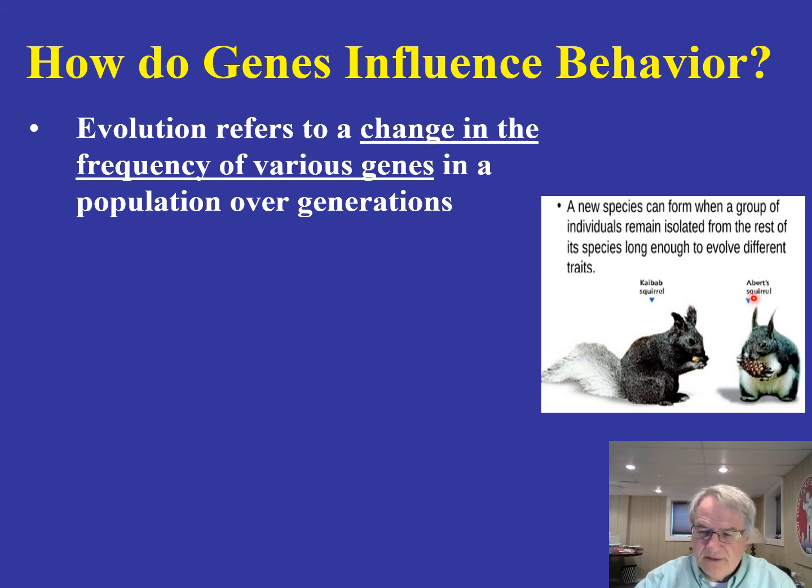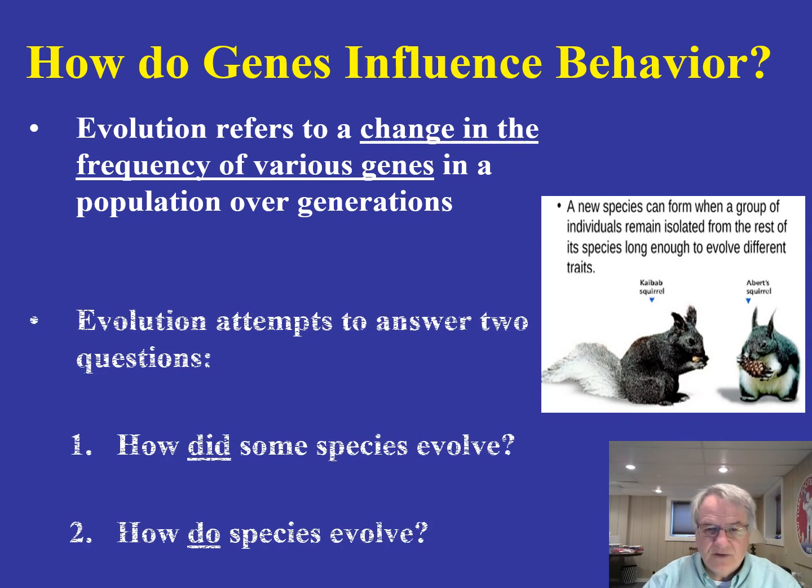If they begin to separate themselves into different environments, and they do so for a long enough period of time, even though they've come from the same genetic background, they may evolve different genetic backgrounds and hence different kinds of physical and behavioral characteristics. This is not uncommon in the case of evolution.